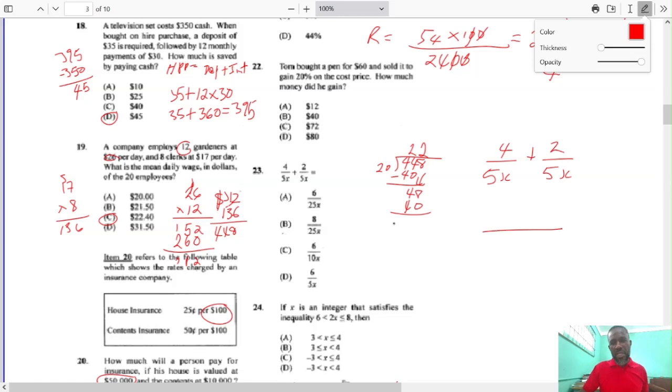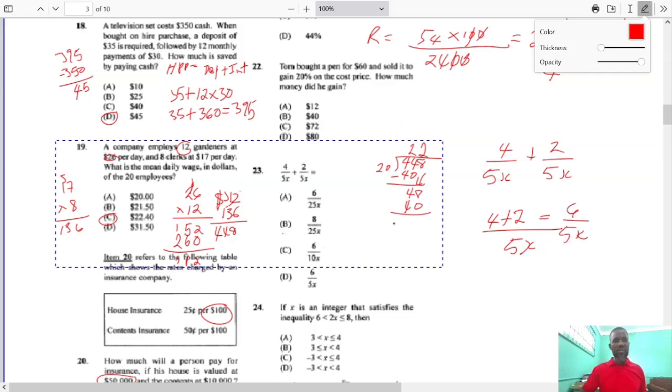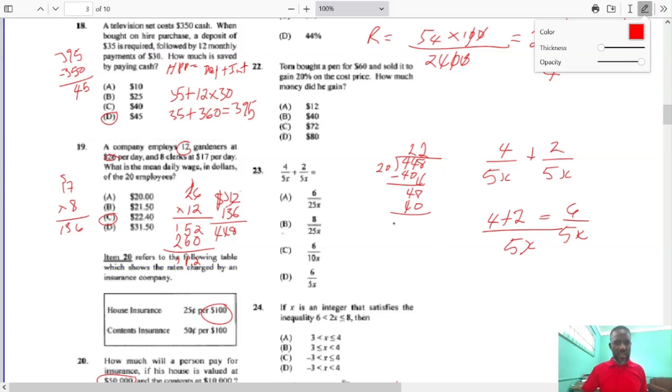So basically, since we have the common denominator being 5x, what we are simply going to do is add the numerators. So 4 plus 2 will give us 6 over 5x. All right, so the answer for that is D.